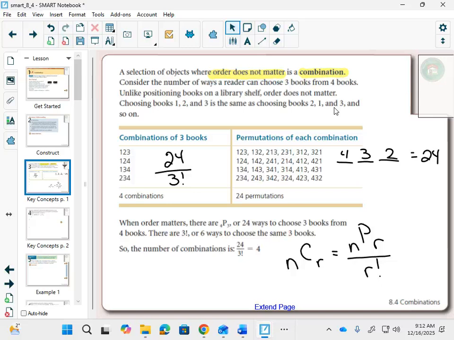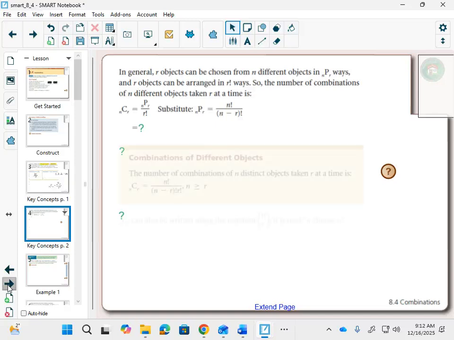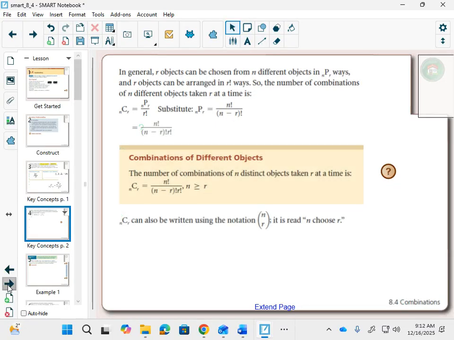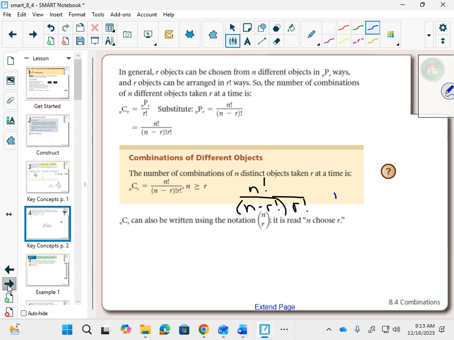And they've got this formula on the next page. So in the formula, I'm just going to rewrite it, and I'm going to make a little note in blue here and put a box around that part. That's your nPr formula.